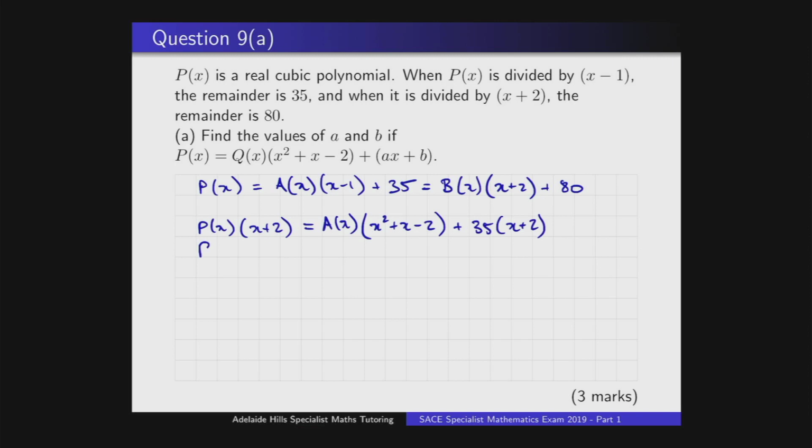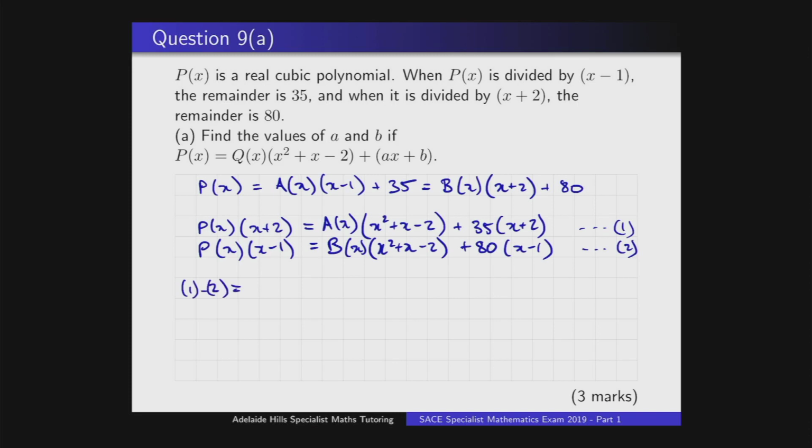Likewise, if we take the second equation and multiply it by x minus 1, we get p of x times (x minus 1) equal to B of x times (x squared plus x minus 2) plus 80 times (x minus 1). If we call the first equation equation 1 and this equation 2, then we do 1 minus 2.